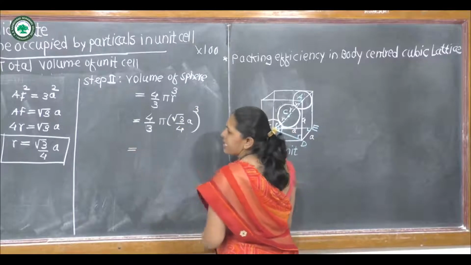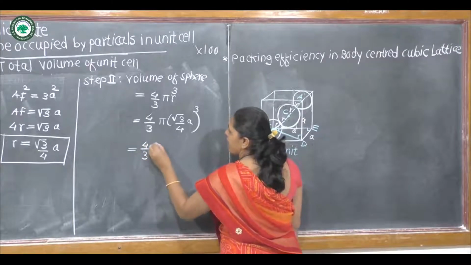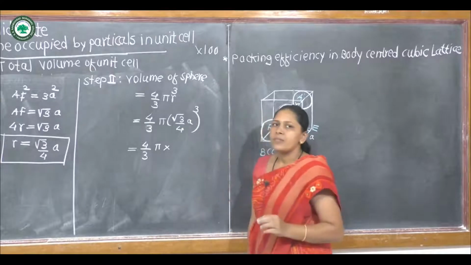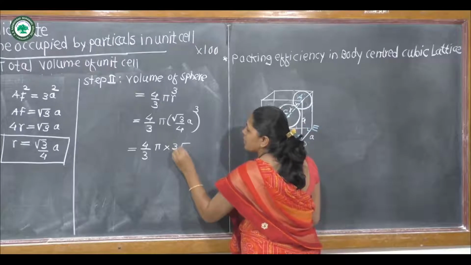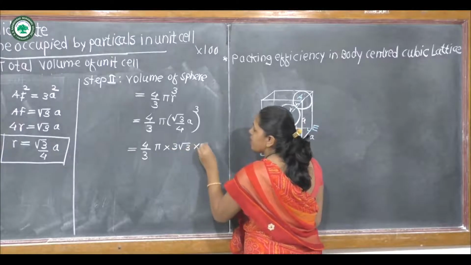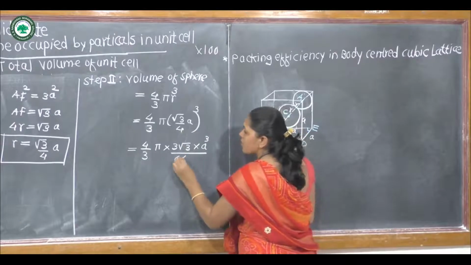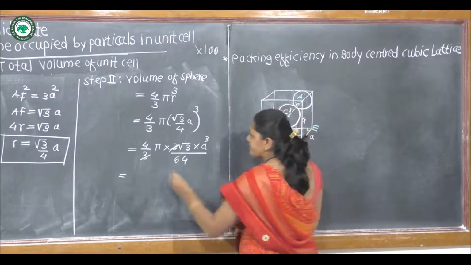By simplifying, the cube of root 3 is 3 root 3 into a cube, divided by the cube of 4, which is 64. Then the 3s get cancelled.